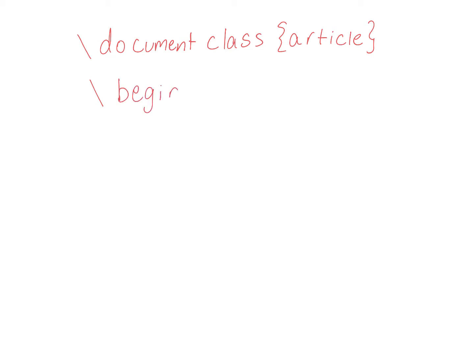So this is your second command, begin. To begin your document, to start the entire document, we'll start with document class, and put the curled brackets and put article. And then we'll go to the second line and write begin the document.